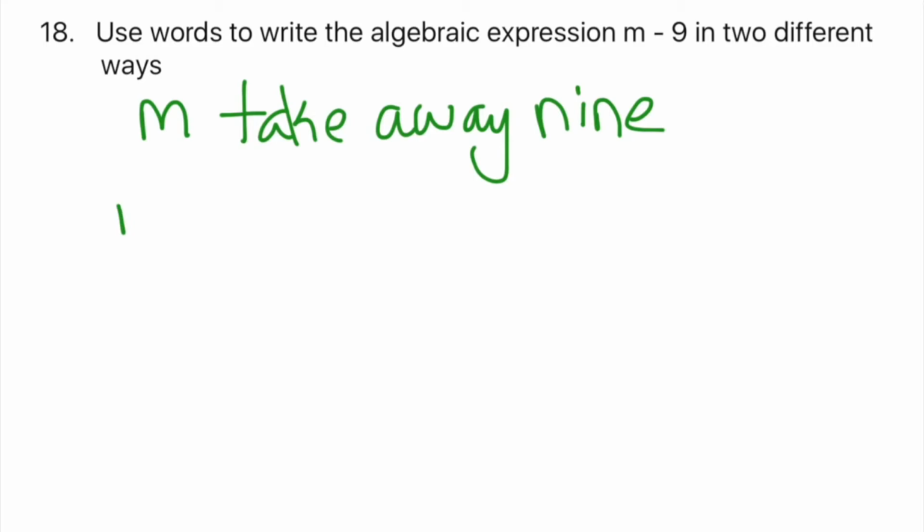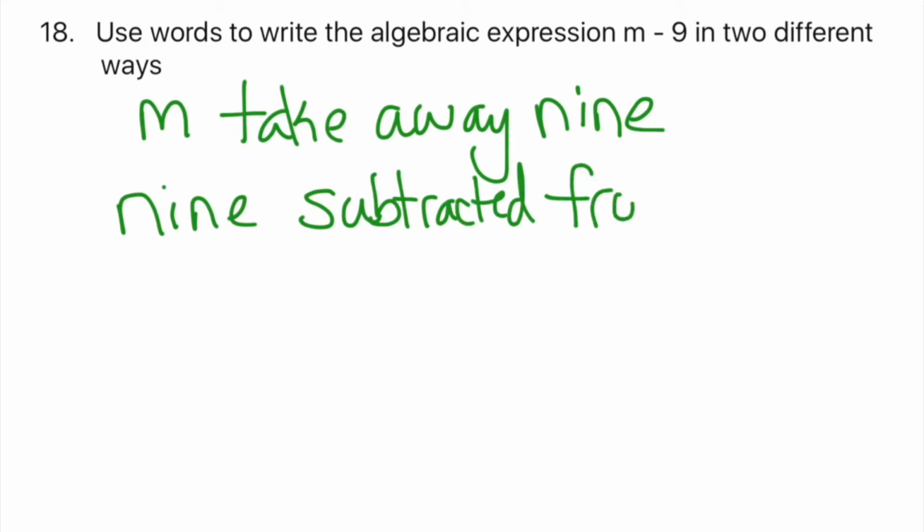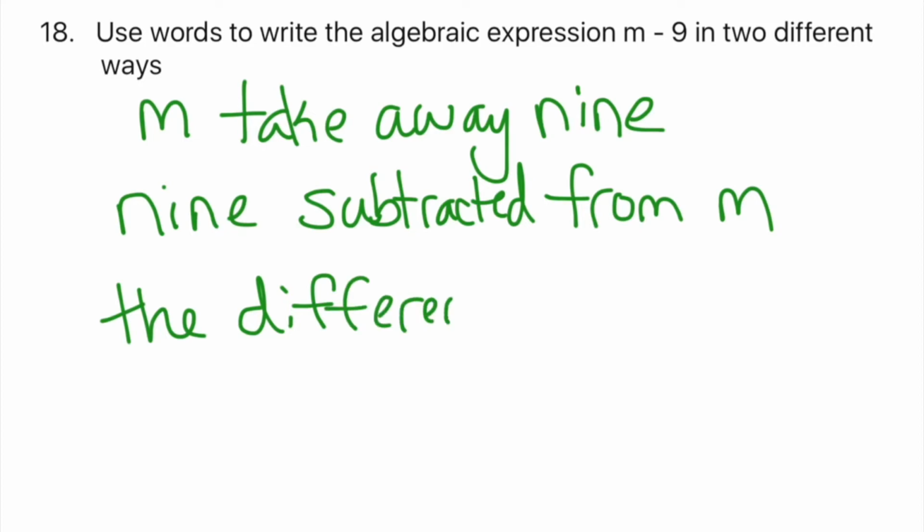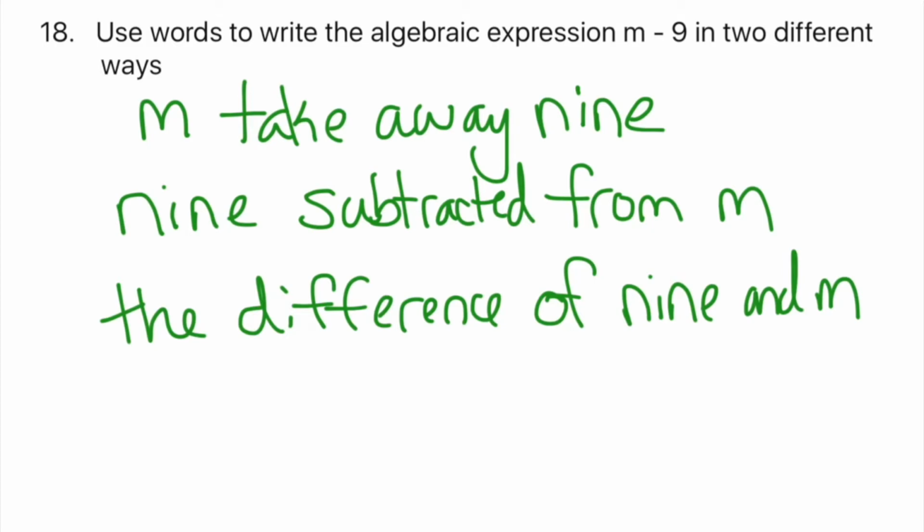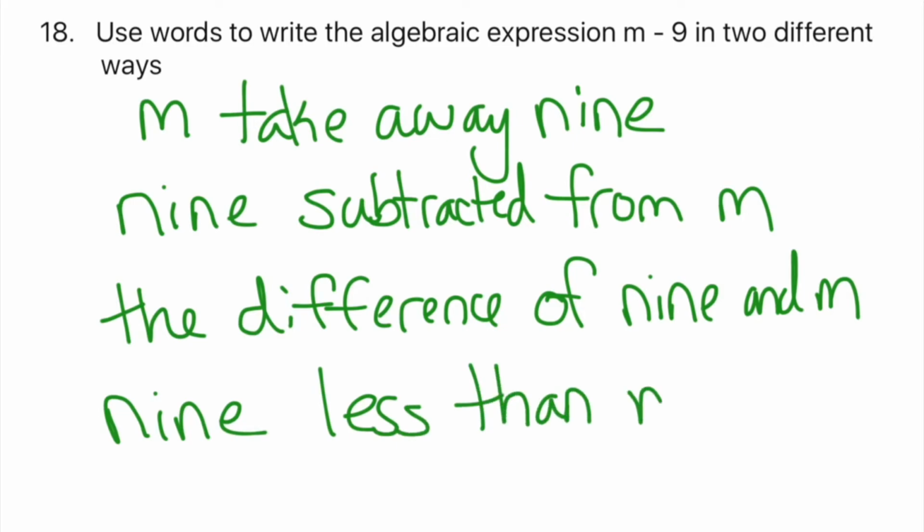You could also do 9 subtracted from m, or the difference of 9 and m. And the final one you could do is 9 less than m. So there's 4 options. You only need 2, so now you have some choices.